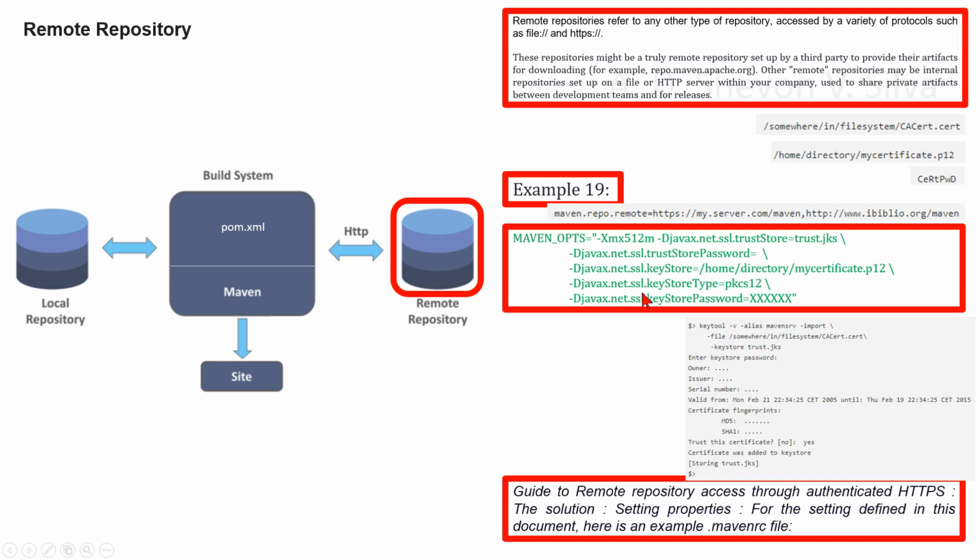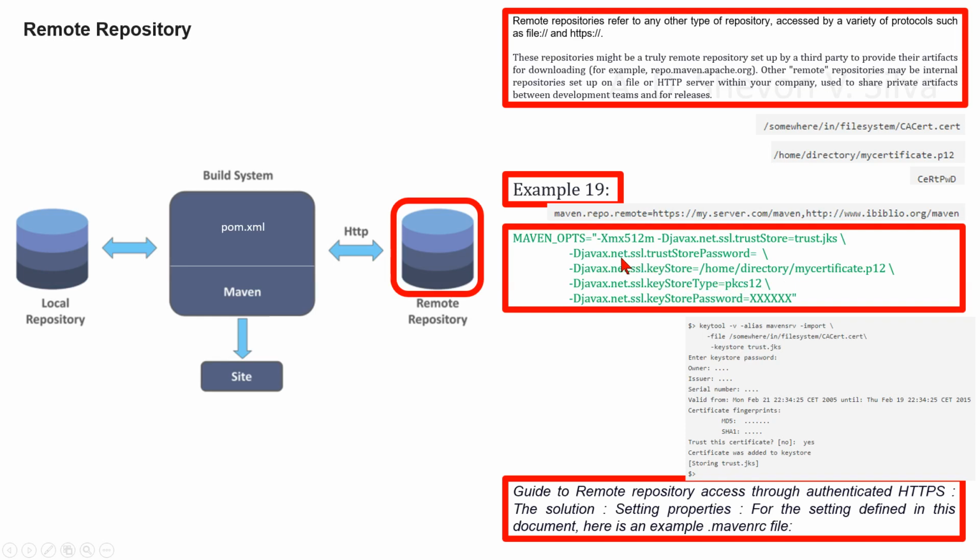This is the trust store, and the other one is javax.net.ssl.trustStoreType. The type of the storage for this store may be either JKS, the default, or PKCS12.